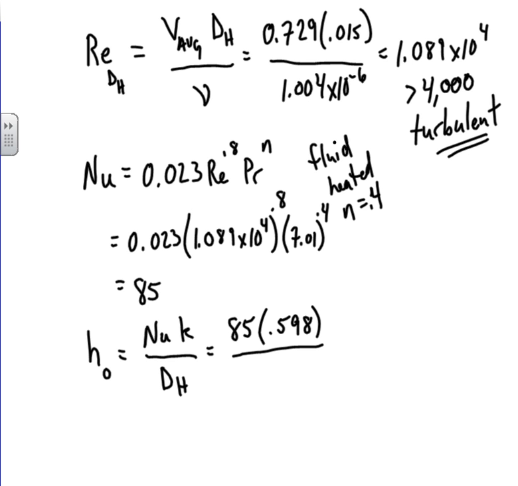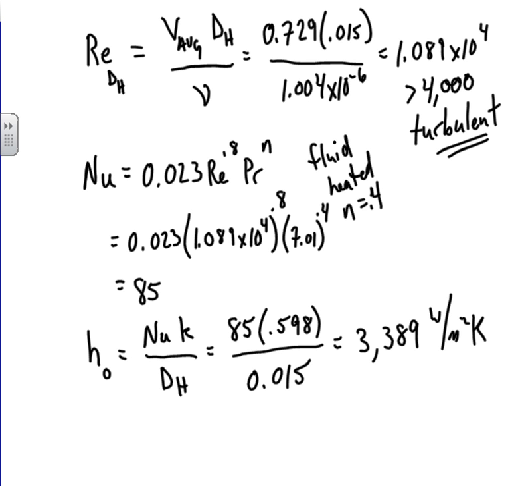We divide that by our hydraulic diameter, which is equal to 0.015. So we get that the heat transfer coefficient is 3,389 watts per meter squared Kelvin.